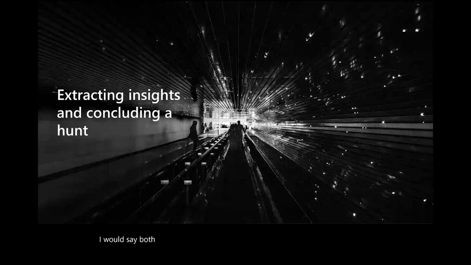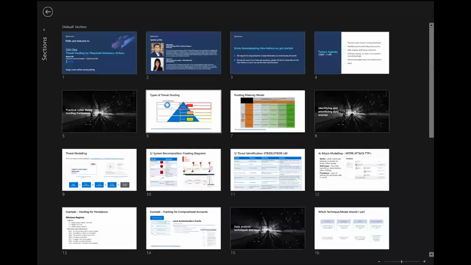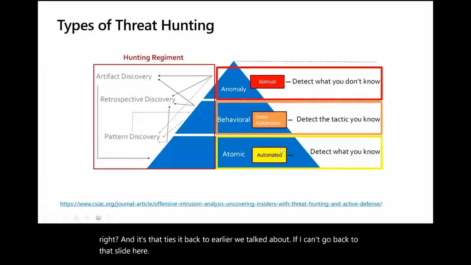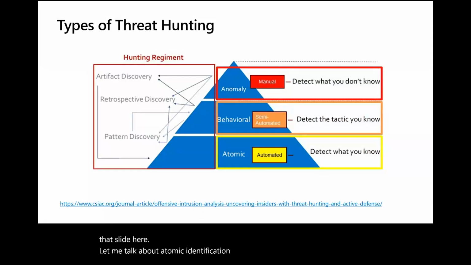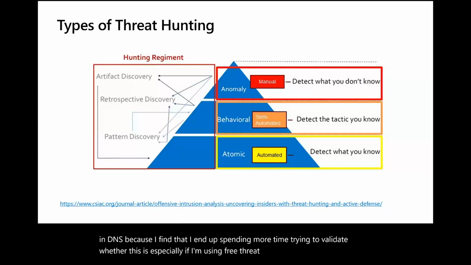Both are very tricky because of the way things are so ephemeral, right? And that ties back to, earlier we talked about, if I can go back to that slide here, when we talk about atomic identification. Typically I dread searching for IOCs in IPs and DNS because I find that I end up spending more time trying to validate whether this is real, especially if I'm using free threat intelligence, where confidence is not that high.